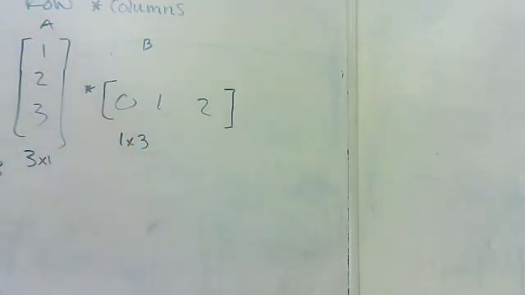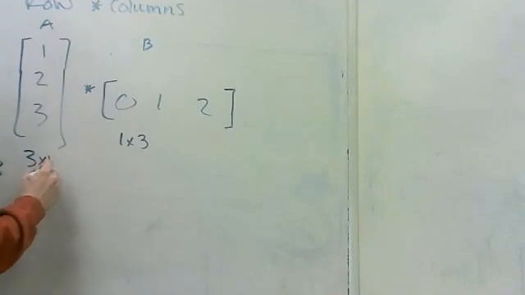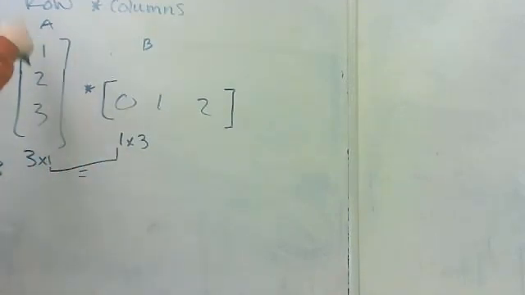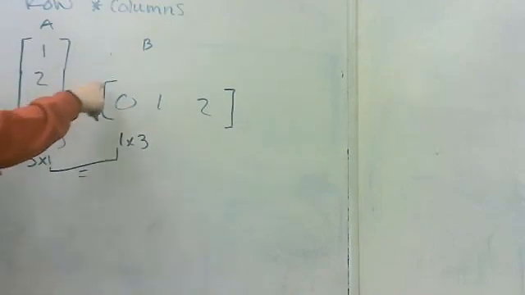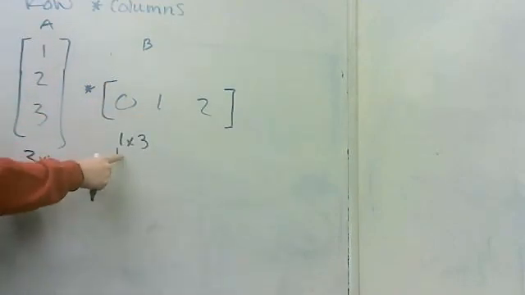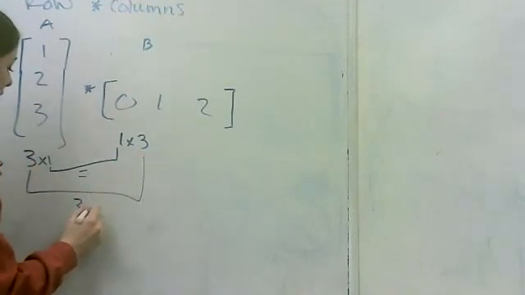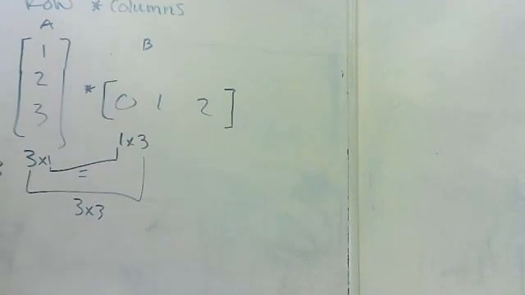Are you able to multiply these two things together? The answer would be yes, because my middle two terms are equal. 1, 1, those two terms are equal. Your new dimensions would be a 3 by 3.